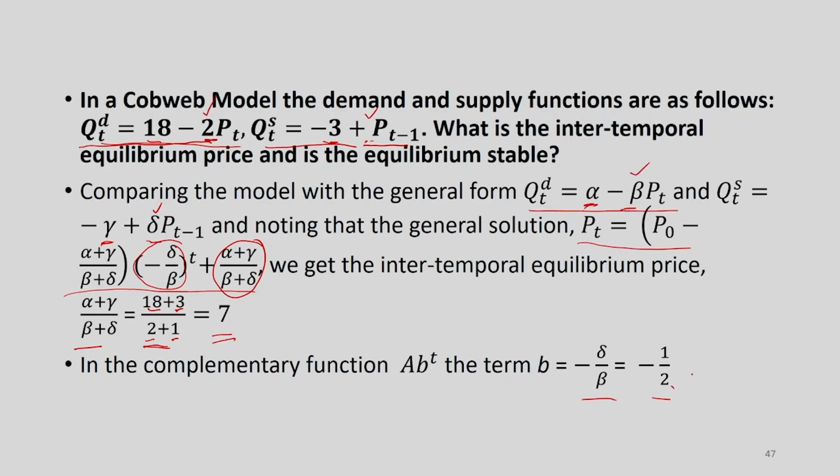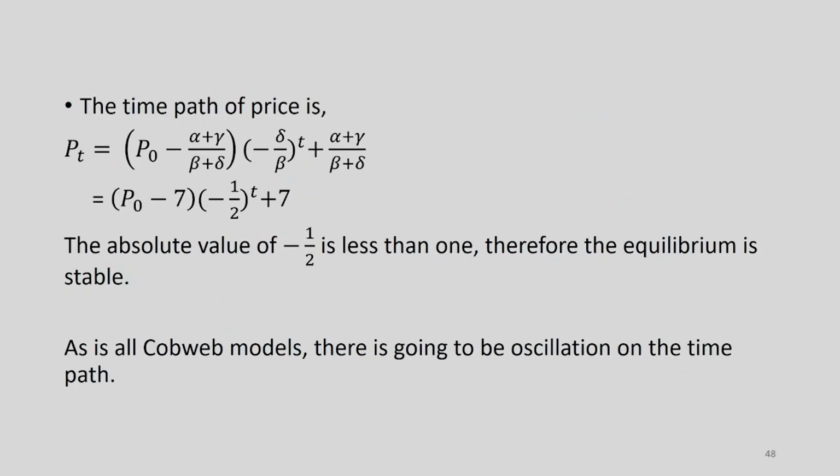So, it is minus half. The b term here is minus half. So, the time path is in short given by this. Pt is equal to (P0 minus 7) multiplied by (minus half) to the power t plus 7.